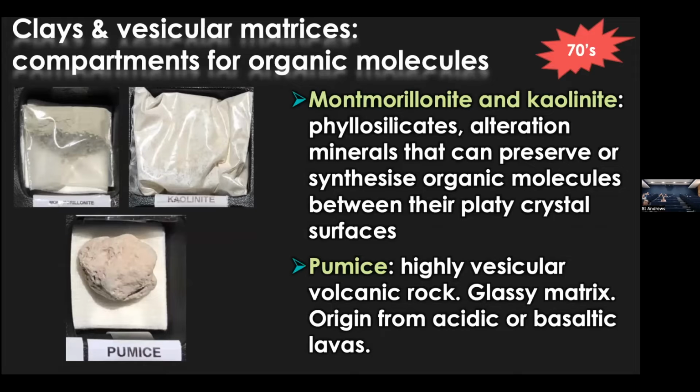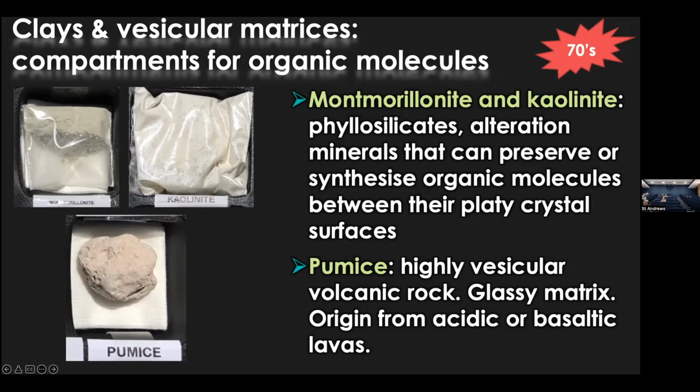Clays are very important minerals, as you have heard also with mica. They are the same structure actually. And of course, pumice, which has vesicular matrices. Both of them are very capable of keeping and also synthesizing organics, as you have heard.